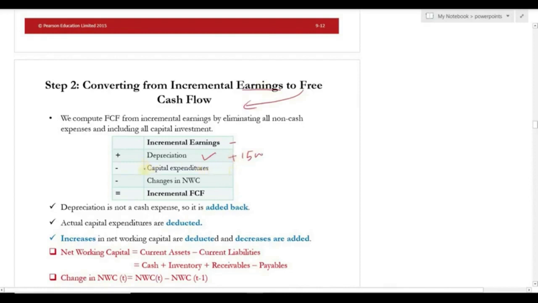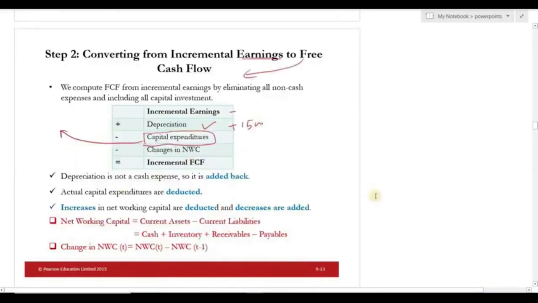For now there is no such example for the capital expenditure, but in the tutorial question I will give you. For instance, during the project, maybe in year 3 we also need to incur some additional cost. So that is also a capital expenditure that we need to make. In the earnings it will be a new expense, so it will be an outflow. Inflows are normally added, outflows are normally deducted.